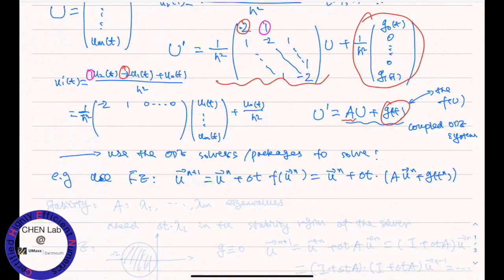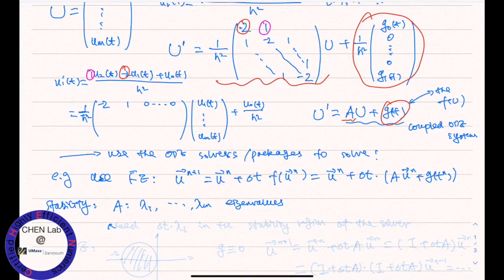So for the stability analysis, as we did at the time, what we have is that, well, if A has eigenvalues lambda 1 to lambda m, those are A's eigenvalues, right?